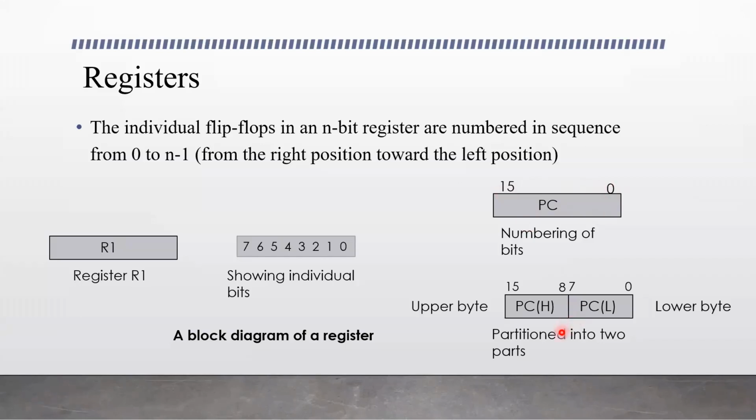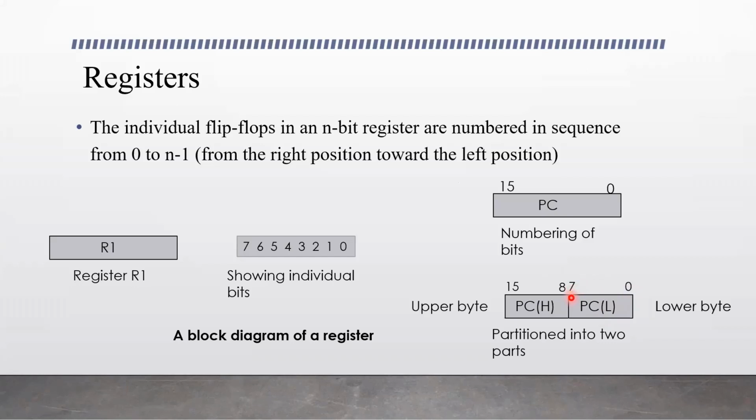We can partition the register into two parts. So the program counter that has 16 bits can be partitioned and referred to this way. PC of L means the lower byte of the program counter, the lower half. If you see the numbering, 0 to 7, from the 0th bit to the 7th bit.